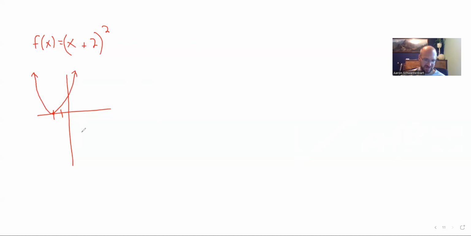Again, you can graph this with your calculator. It is increasing in this right part from -2, oops, I should include that, to infinity. And it is decreasing from -infinity to -2.